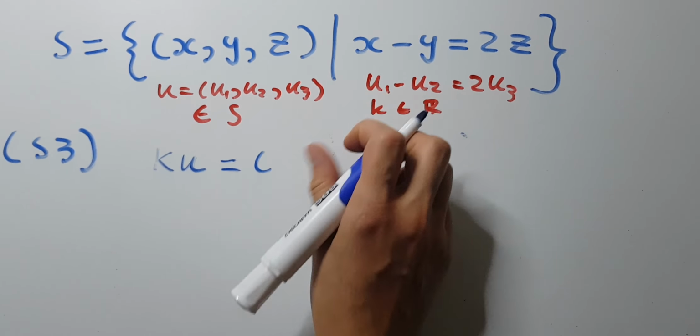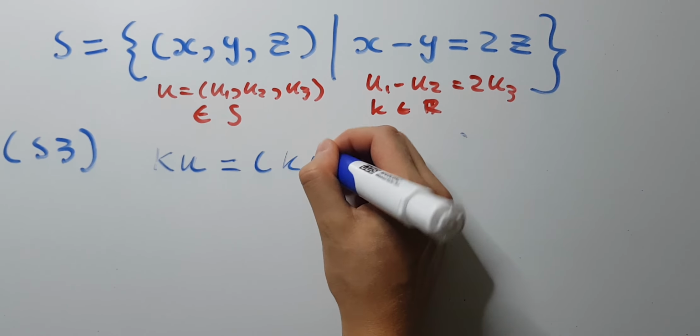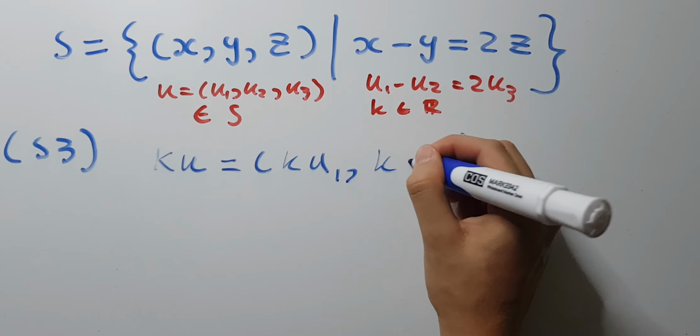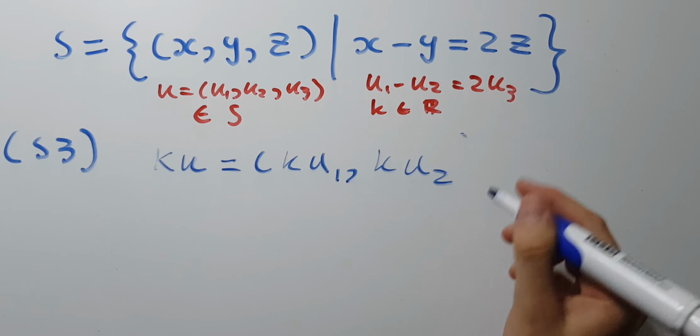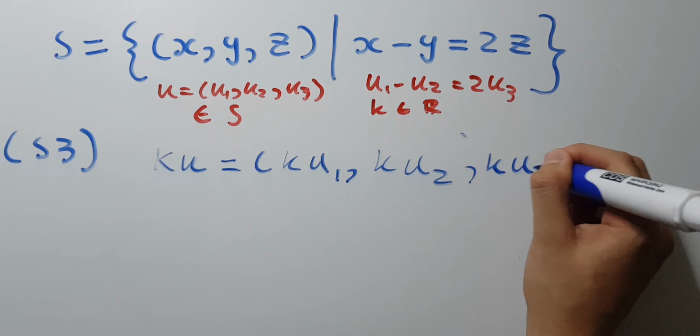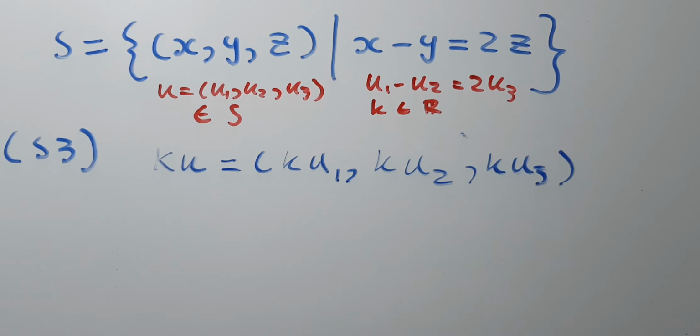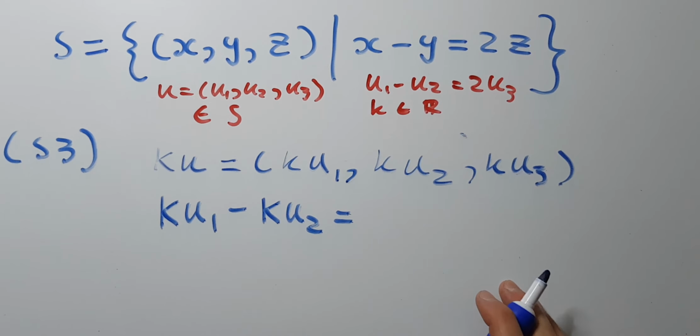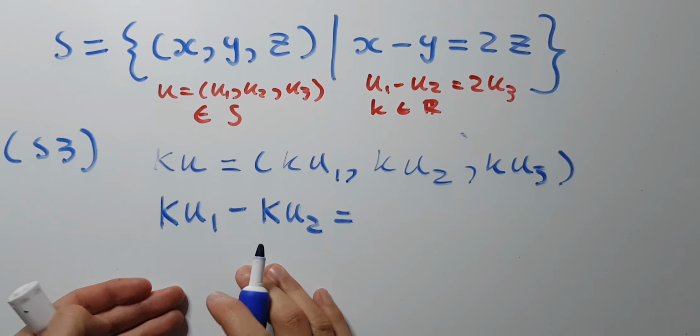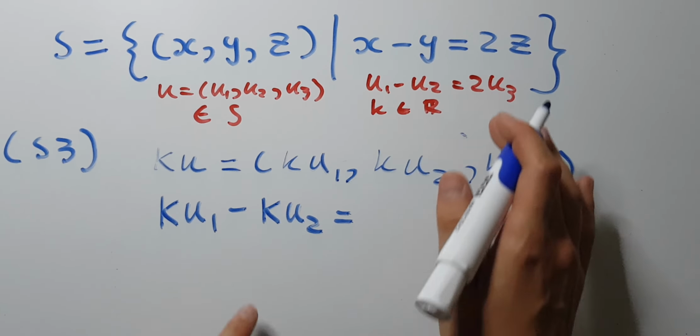So we rewrite our vector with the constant, and then the next thing to do is put it into our defining condition. Of course we don't put 2u3 because we haven't actually proven that is what's going on. We manipulate this and we substitute a condition we know is true into the equation.